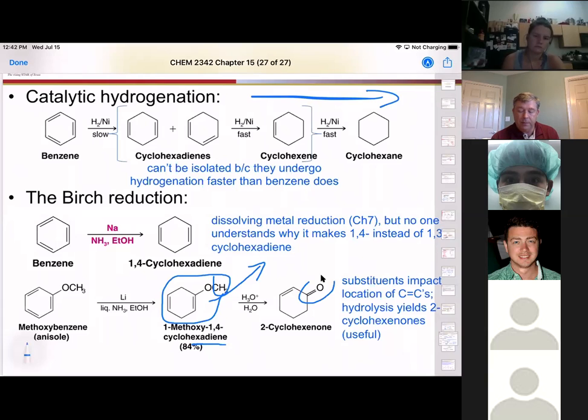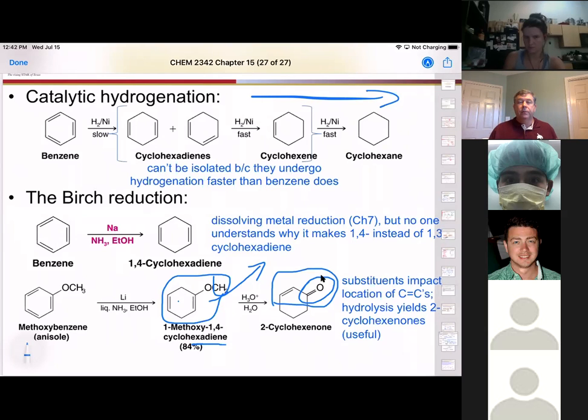And so we can end up with our ketone, and the other double bond moves with it, and we end up with a conjugated unsaturated ketone. Okay. So this is actually kind of a useful way to make terpenes and other cycloderivatives out of benzene derivatives.